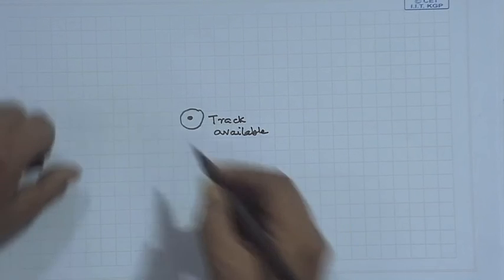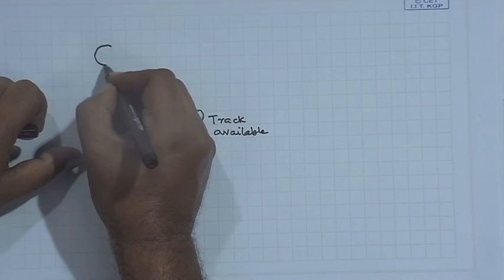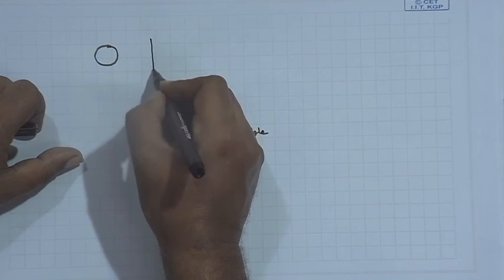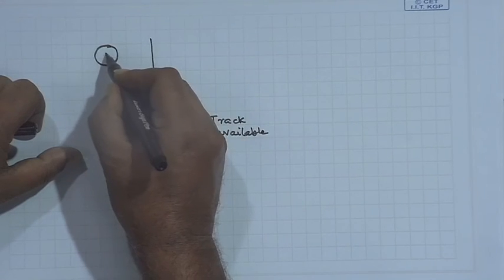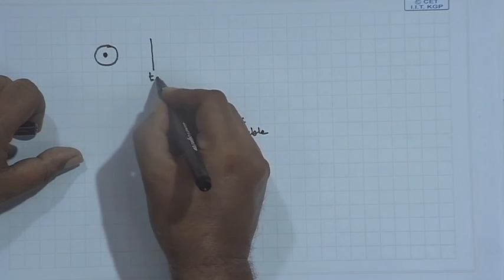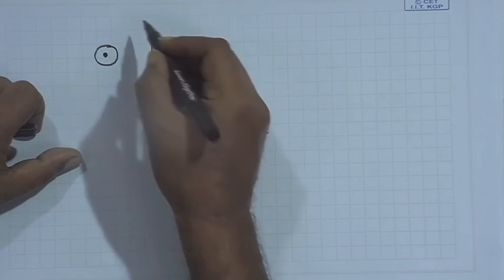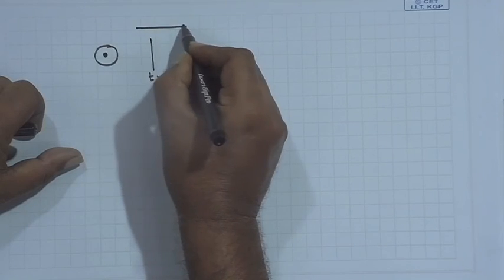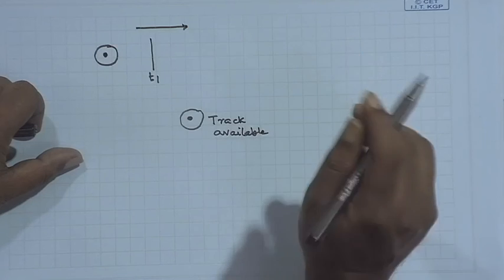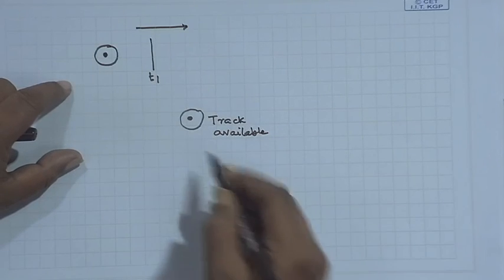And there is a place and there is a transition. A train has come, and this transition T1 means the train will move to the right. This is the meaning of this transition.